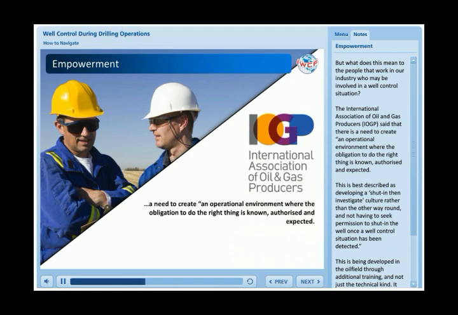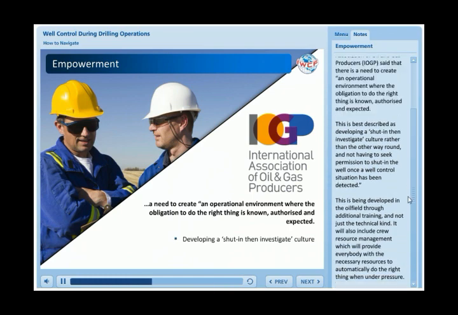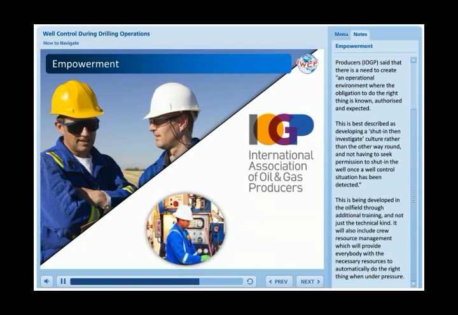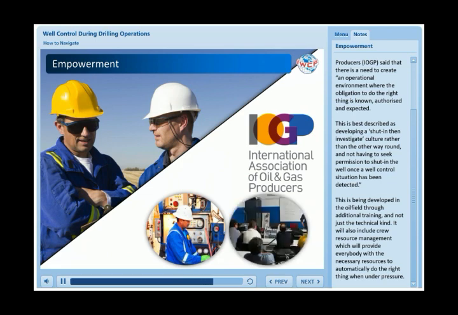This is best described as developing a shut-in, then investigate culture rather than the other way round, and not having to seek permission to shut in the well once a well-control situation has been detected. This is being developed in the oil field through additional training, and not just the technical kind. It will also include crew resource management, which will provide everybody with the necessary resources to automatically do the right thing when under pressure.